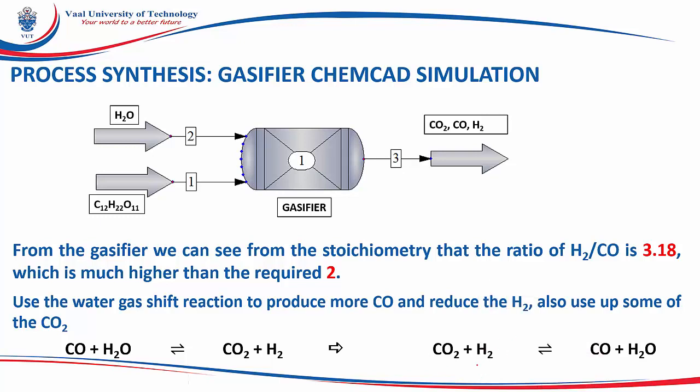We are going to be using that excess hydrogen that we have. Instead of having 2, we have 3.18 for each mole of CO. So we have to use up that excess 1.18 hydrogen, which is not exactly the true story, but whatever excess we have, we use it up to make more CO. The advantage is, remember, we have CO2 in our syngas produced from the gasifier, so we will also use up CO2 to make CO. Remember, CO2 is basically a waste of the carbon that we are feeding into the system.